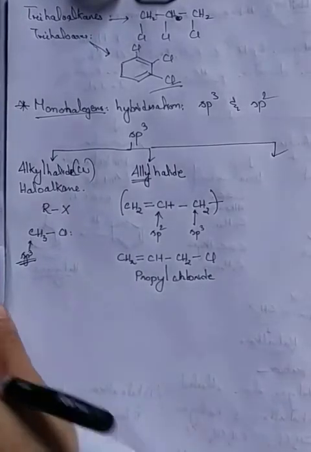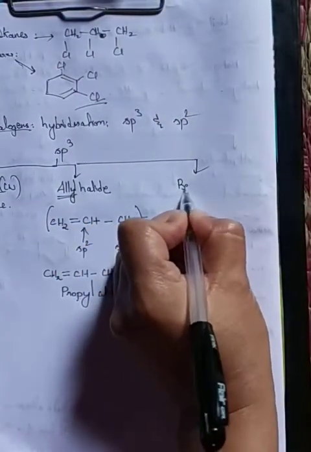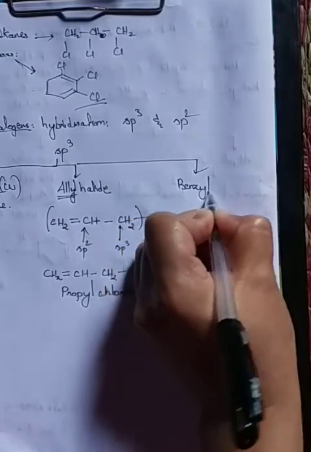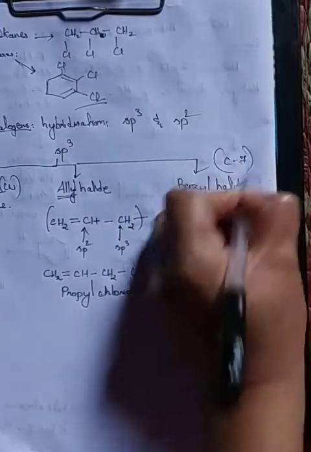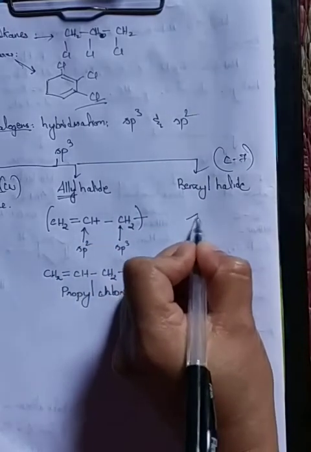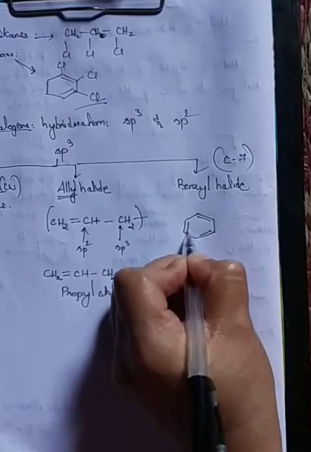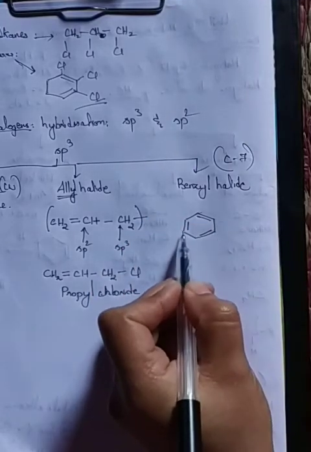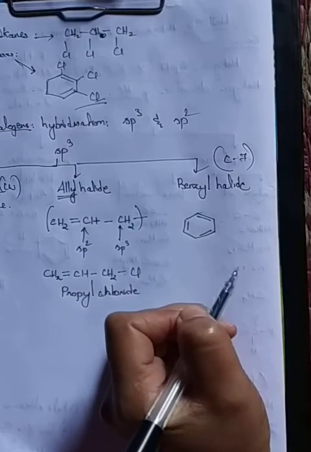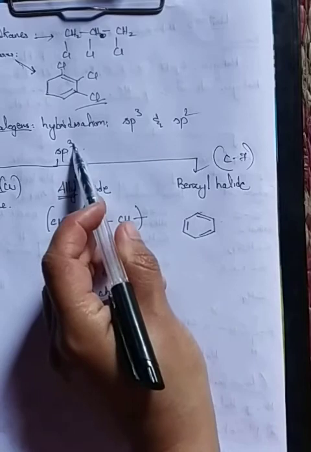Now the third one is known as benzyl halide. Now in benzyl halide, remember the number of carbon atoms is 7. Benzyl means we know that it is a benzene ring here. Now if you remember in class 11 in hydrocarbons, we have discussed that all 6 carbon atoms in the benzene ring are sp2 hybridized, but our classification here is that the carbon atom should be sp3 hybridized.